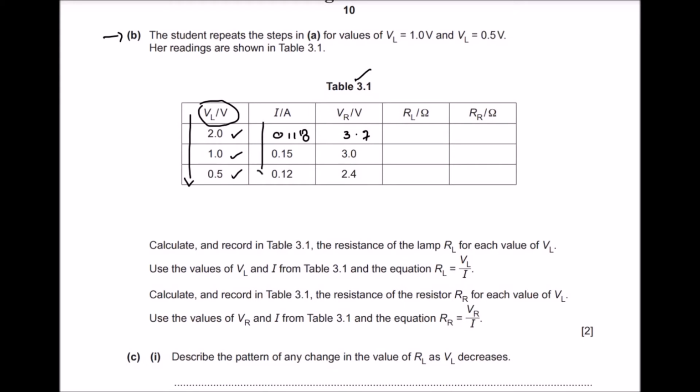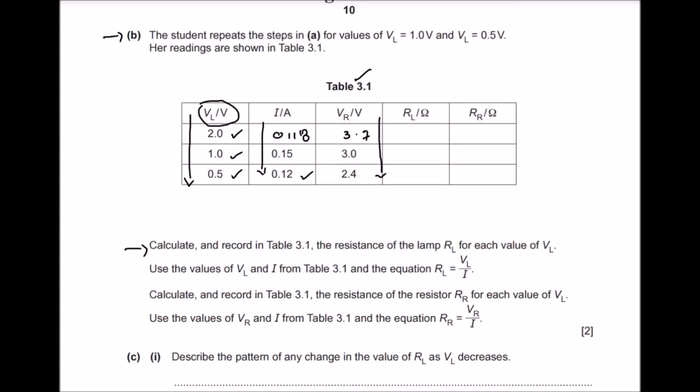This is the current: 0.18, 0.15, 0.12. Third column you can see clearly. These are the voltage recorded across the resistor: 3.7, 3.0, 2.4.